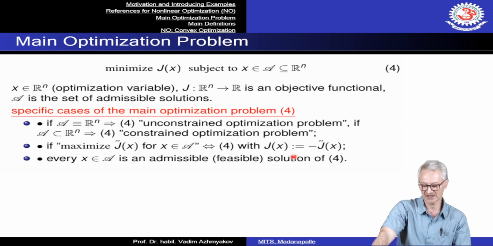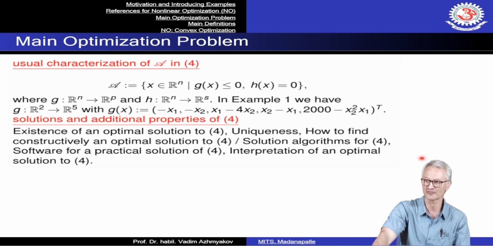Why? Because we can redefine the functional and consider minus the initial functional. In this case, we get minimization of the minus functional, which is mathematically equivalent to maximization. And some notation: every x that belongs to the set of restrictions is called an admissible or feasible solution of our problem.